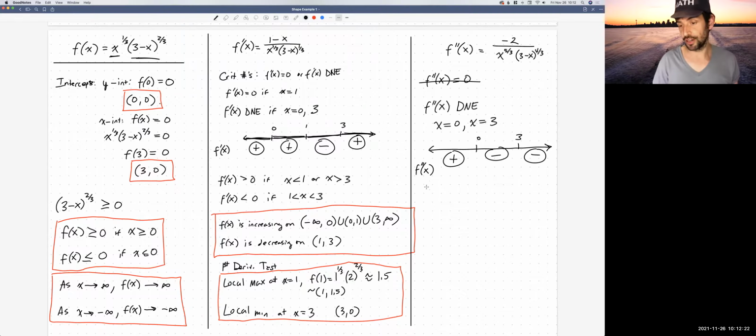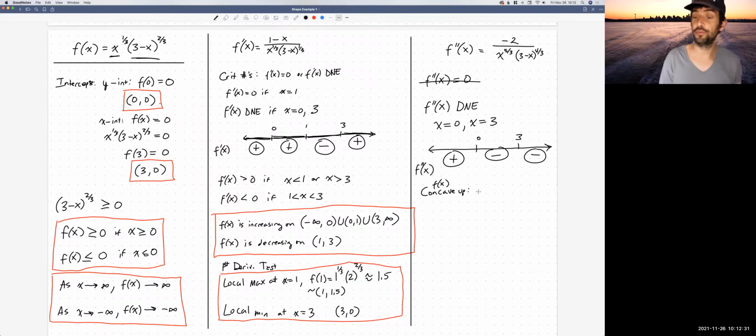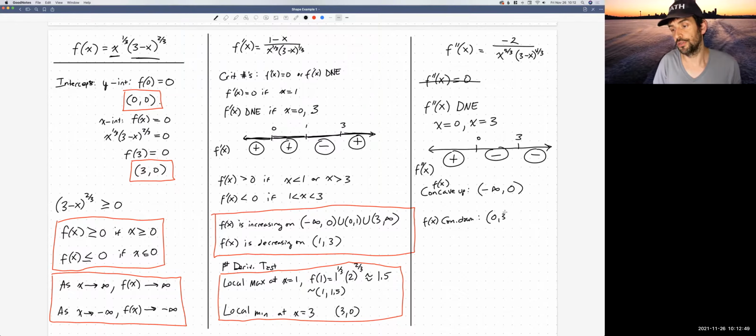So this means f of x, in particular, not f double prime, is concave up. Remember, this is information about the function from the second derivative. f of x is concave up from negative infinity to 0, and f of x is concave down from 0 to 3 and 3 to infinity.